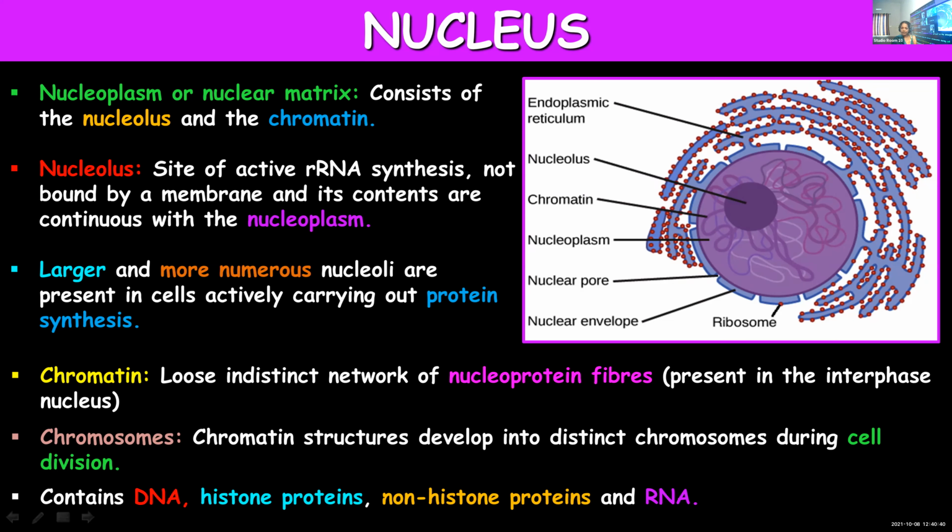If a cell is very active in protein synthesis, the number and size of the nucleoli, not nucleolus, increase. Don't get confused between nucleus and nucleolus. Nucleoli are spherical structures present within the nucleus and they do not have any membrane. Hence the contents are continuous with that of the nucleoplasm.